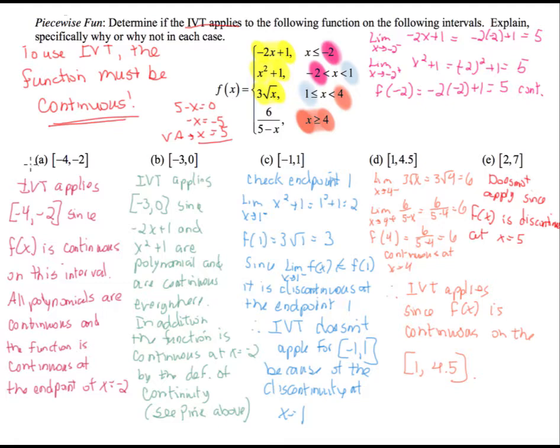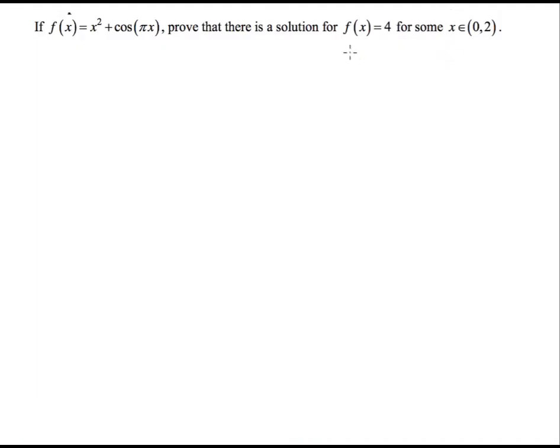This is only one way that you might see the intermediate value theorem. Let's look at another type of example. In this one, we're given the function, and we want to prove that there is a solution of f of x equals 4 on the interval from 0 to 2. The first thing I have to do is look at my function, f of x. Well, I know x squared is a polynomial, and polynomials are continuous everywhere.